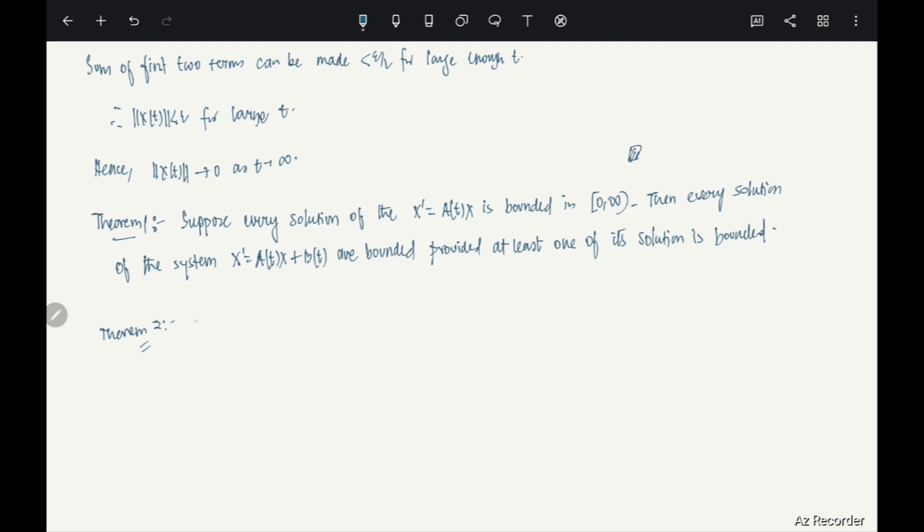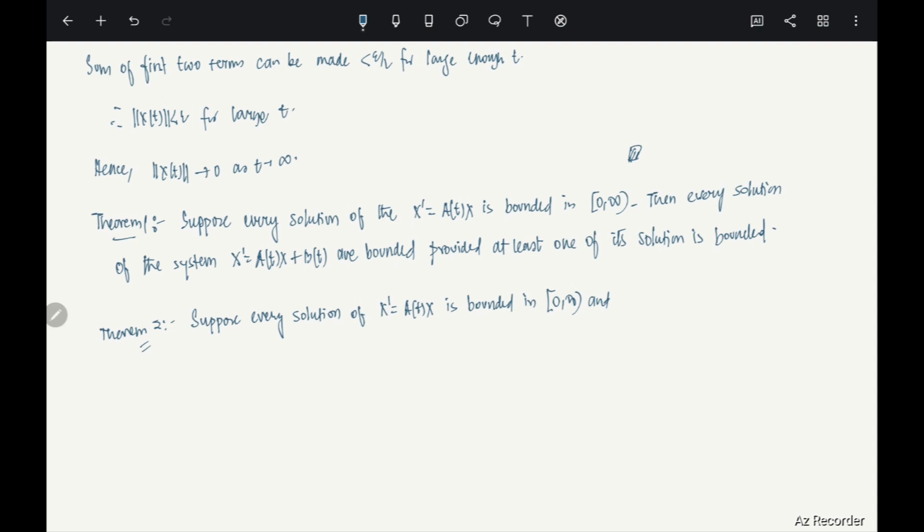So suppose every solution of x prime equals A(t) times x is bounded in 0 to infinity. Same sort of theorem, and you need a different condition. What is the condition you need? I wrote the condition somewhere, right?